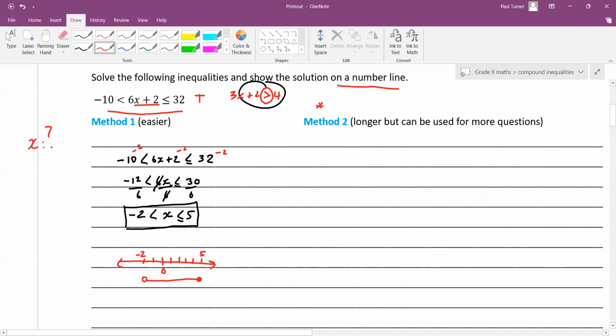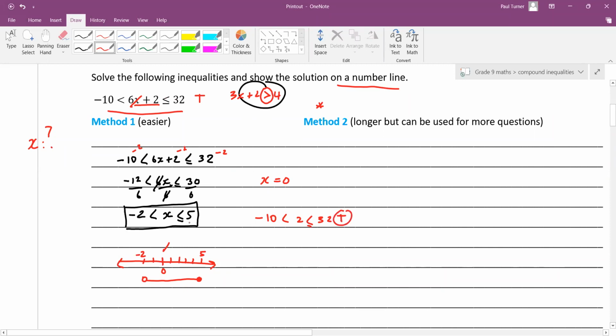If you pick 0, so if x equals 0, which looks to be okay, we'll put 0 in here. You'll get -10 less than 6 times 0 is 0, plus 2, and 32. This is true, isn't it? -10 is less than 2 and 2 is less than or equal to 32. That's true.